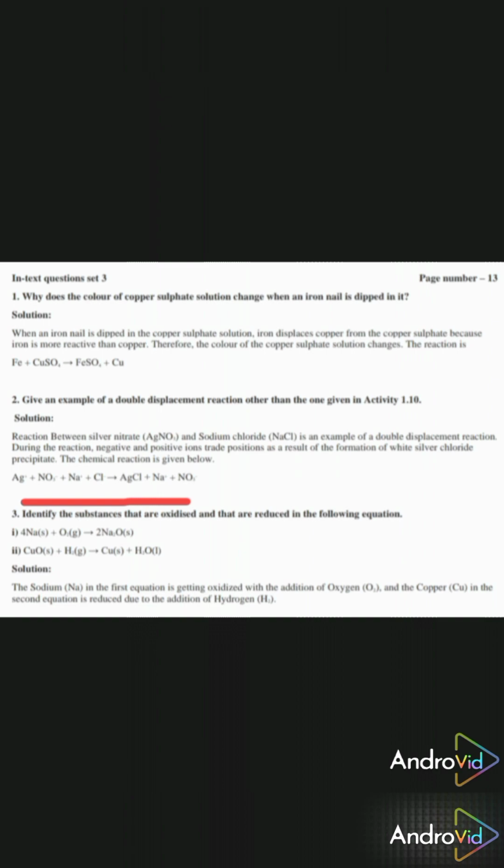Hence we can say that reduction can happen either because of removal of oxygen or addition of hydrogen. Please make a note of it.